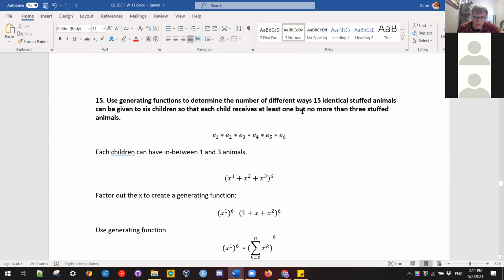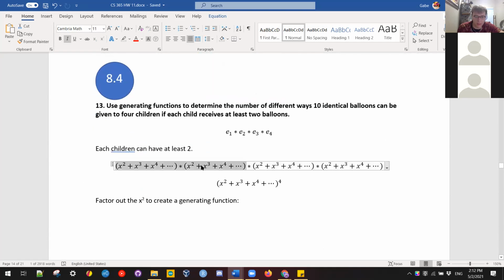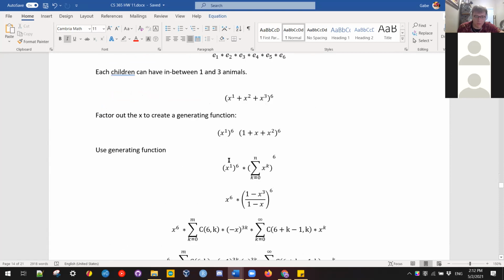Anyway, same question basically, but with 15 stuffed animals, but this time there is a front and a back limit. Since there's a front and a back limit, each child could receive at least one, but no more than 3, like Kiara was saying earlier. Once again, you could write them all out, but I didn't want to do that.